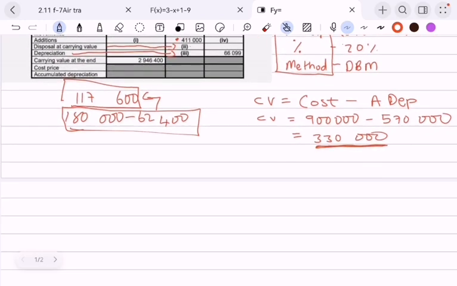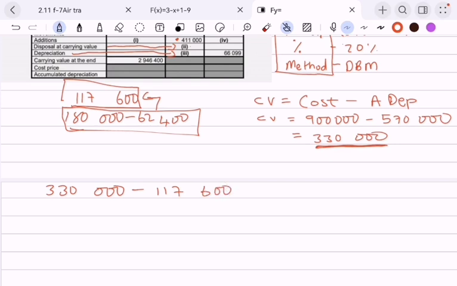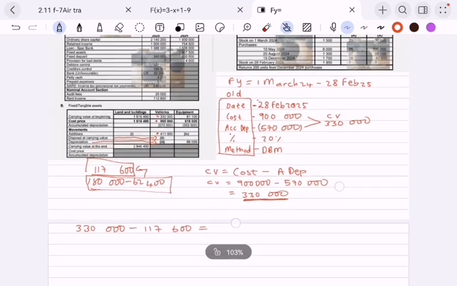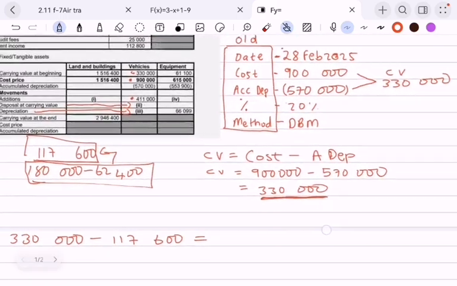So how do you do it? Simple. You take your 330,000, you minus your 117,600. Let's quickly do that. So it's going to be 300,000 minus 117,600. Then we would get, how much are we getting?